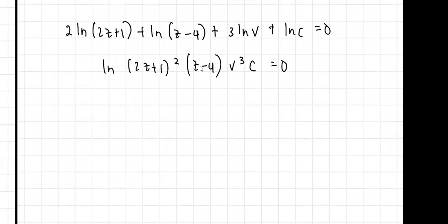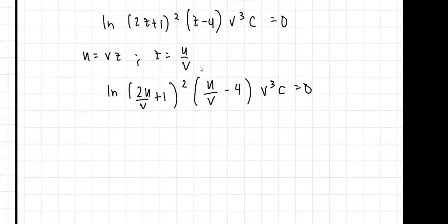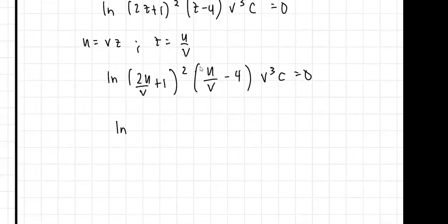So yung unang substitution, yung pinakahuling substitution natin, u is equals to vz or z is equals to u over v. So 2u over v plus 1 squared, u over v minus 4, v cubed c is equals to 0. So we have ln, so magiging 2u plus v all over v squared, squared.